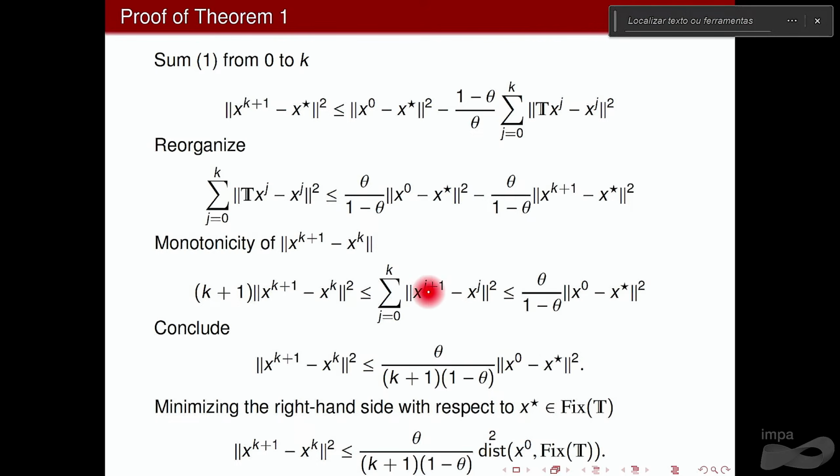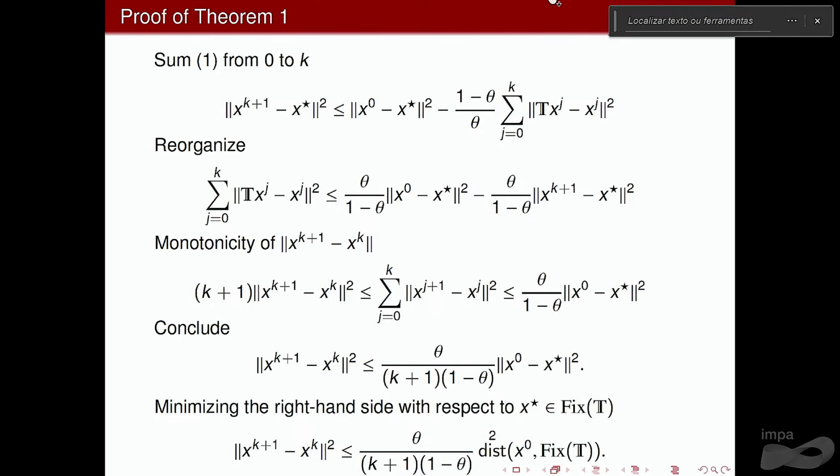And from this inequality, from the most left side and most right side, we conclude this inequality. And from this inequality, we take the minimum on both sides of the inequality. Since x star is any point in the fixed point set, we get the square of the distance from x0 to the fixed point set of T. And let's analyze this here.